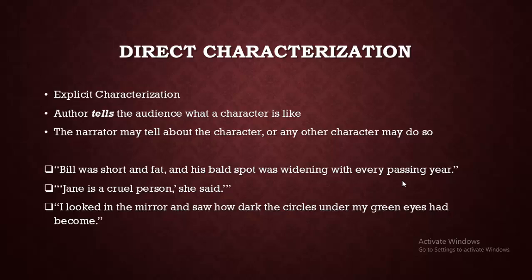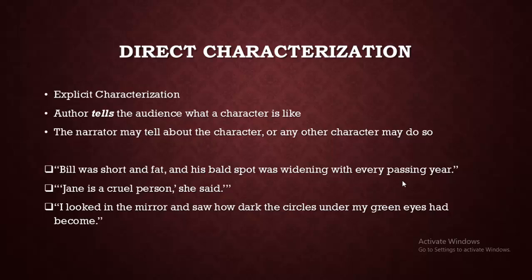The narrator tells us that he was short and fat, and the hair on his head was getting less and less with every passing year, and the empty spot on his head was getting bigger and bigger. So this is the first example of direct characterization.